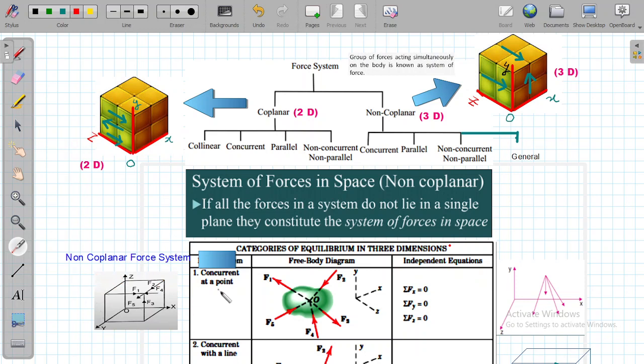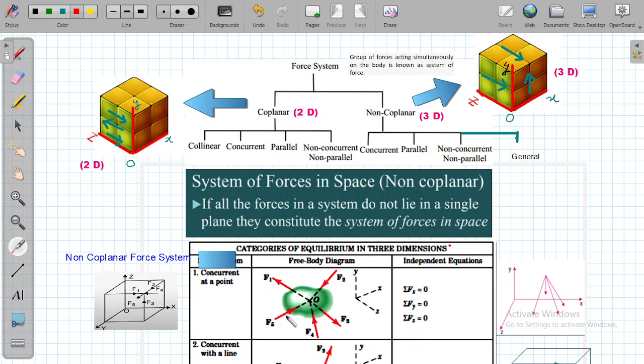If you have a non-coplanar force system which is concurrent at a point, as you can see in this generic non-coplanar force system, all these forces F1, F2, F4, F5 are converging at one point, which is O. Then this type of force system is termed a non-coplanar force system concurrent at a point.